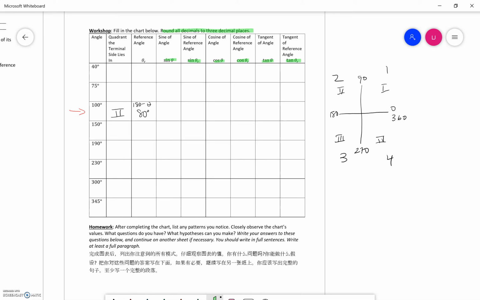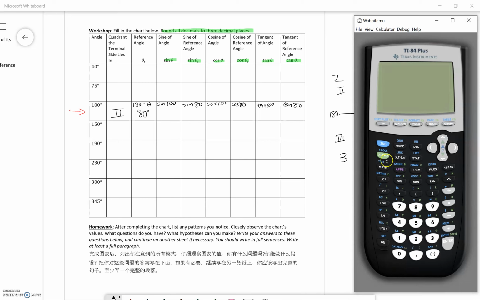So we have to find each of these. So basically we're looking for sine 100 here, sine of our reference angle, which is 80 here, cosine of 100, cosine of 80, tan of 100, and tan of 80. So I'm going to pull up my calculator.